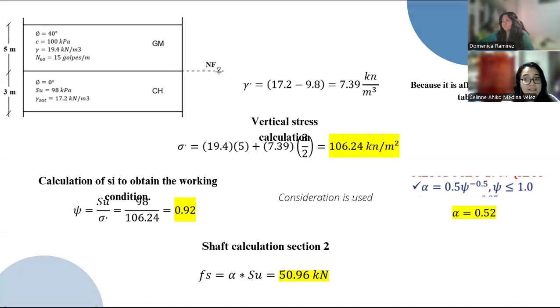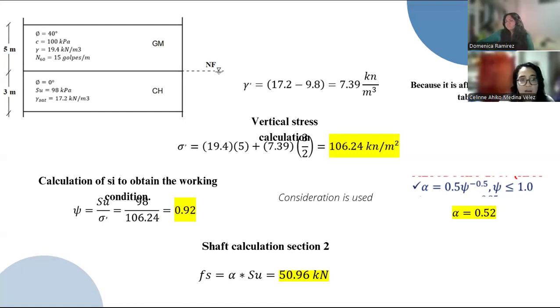The vertical stress is the sum of the first plus the second. But in the second, we have to multiply the gamma by the height, and the height is considered at the middle.